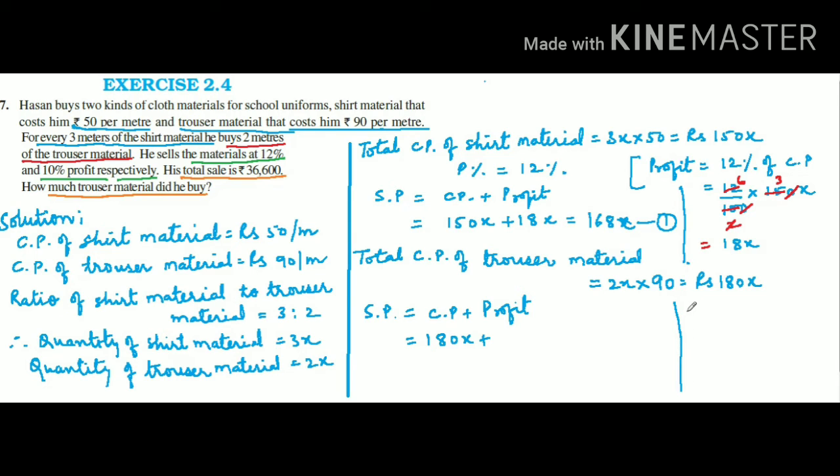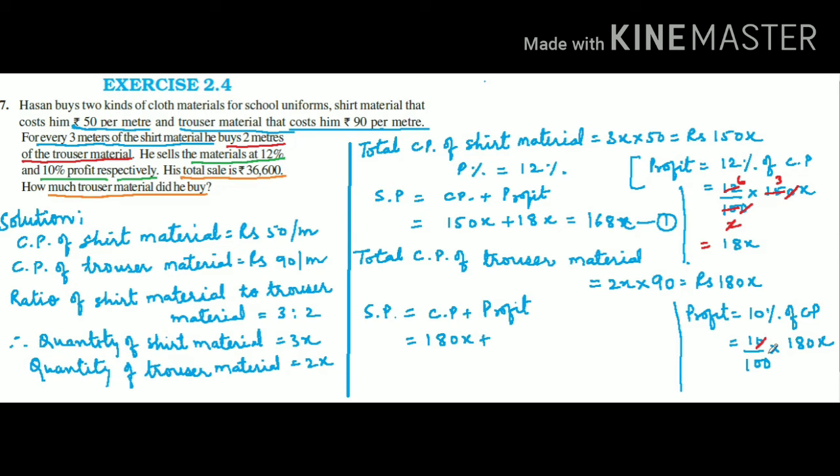We are given profit percent, not profit. So profit is equal to 10% of the cost price. And here the cost price is 180x. So we'll put the values: 10 by 100 into 180x.